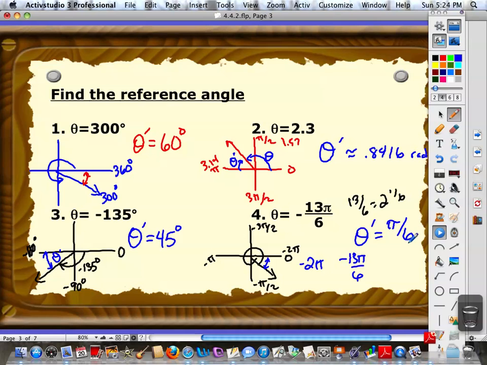We want our reference angles to always be positive values so that we can relate them back to those first quadrant angles. Okay? So the reference angle for negative 13/6 pi is actually pi over 6. Everything I want to know about negative 13/6 pi, I'm going to get from the pi over 6, and then I'm just going to use the quadrant I'm in to make sure I get the appropriate signs.